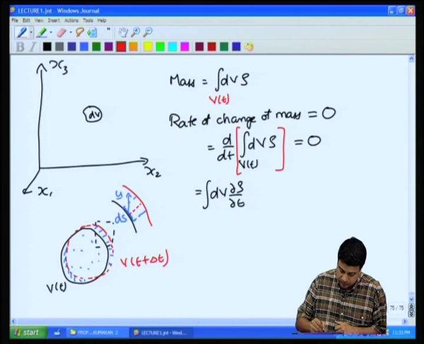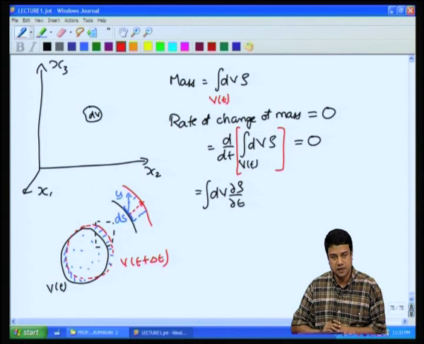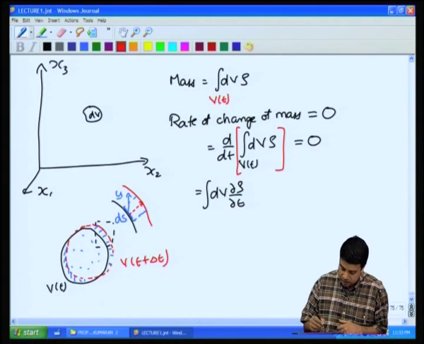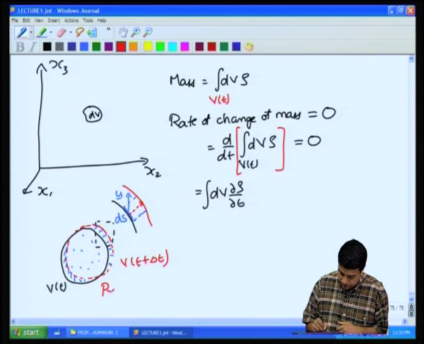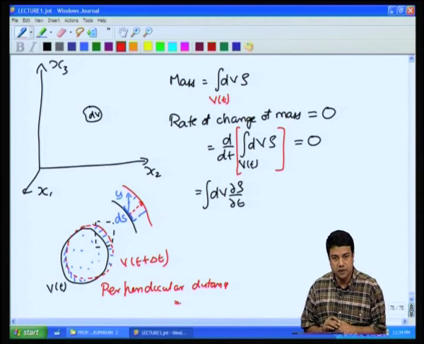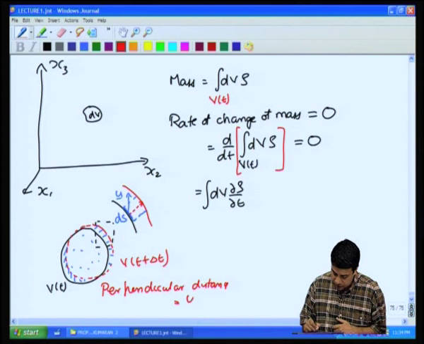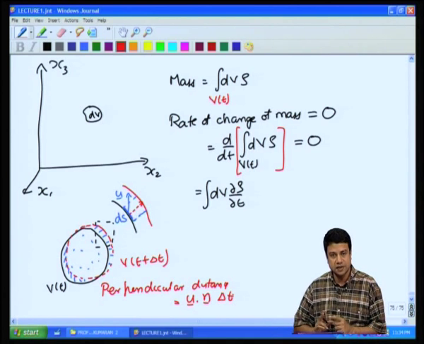What is the perpendicular distance that the surface has travelled in a time delta t? The perpendicular distance travelled is equal to the velocity along the perpendicular times time. The velocity along the normal direction is u dotted with n, times delta t. So, that is the distance that is travelled.